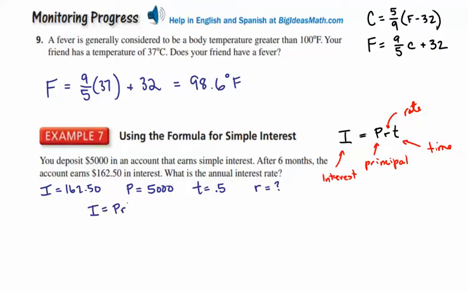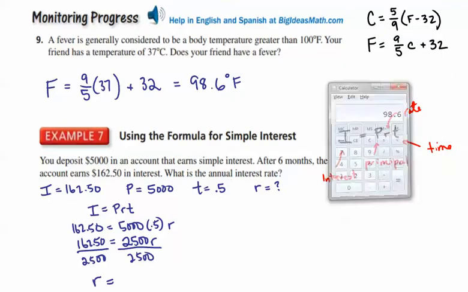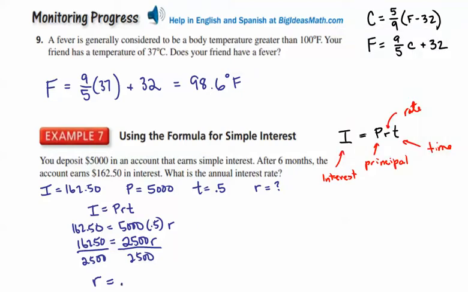I equals P times R times T, and let's plug in what we do know. 162.50 is equal to 5,000 times 0.5 times R, and half of 5,000 is 2,500 R. So we're going to divide by 2,500, divide by 2,500, and using my calculator again, 162.5 divided by 2,500 is equal to 0.065, which means 6.5% is the annual interest rate there.